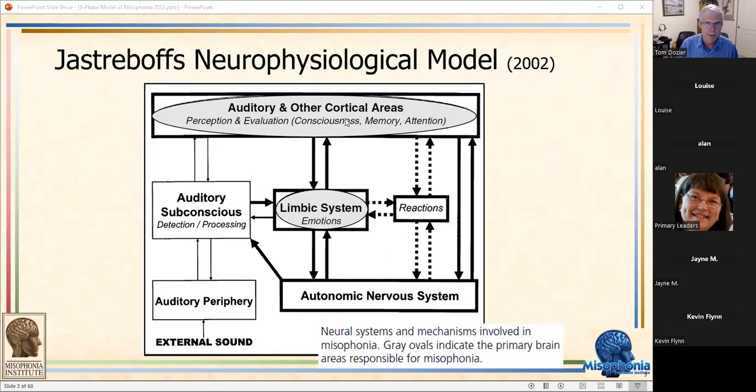And this is what parts of the brain connect together. And the real concern I have with this is this sensory process is being affected by the autonomic nervous system with the limbic and the other cortical areas. And I think that this is the driver. The autonomic nervous system is really the driver of your misophonia.